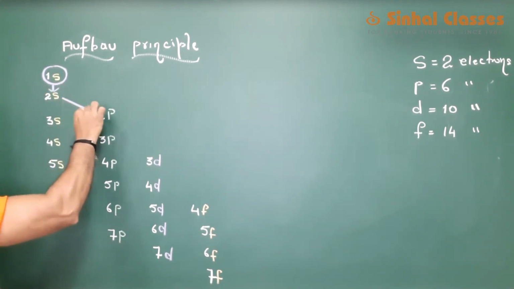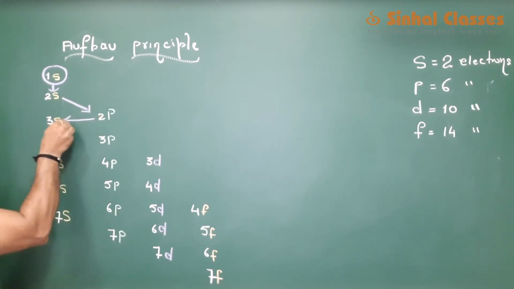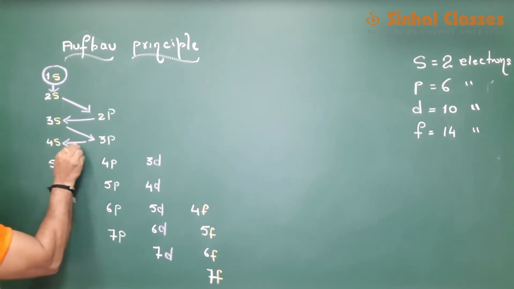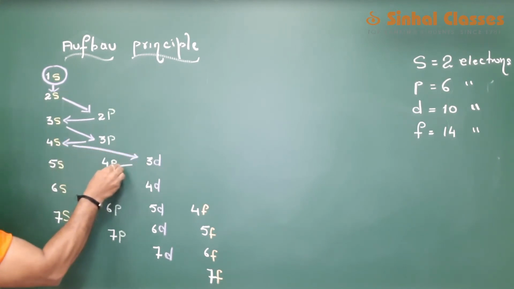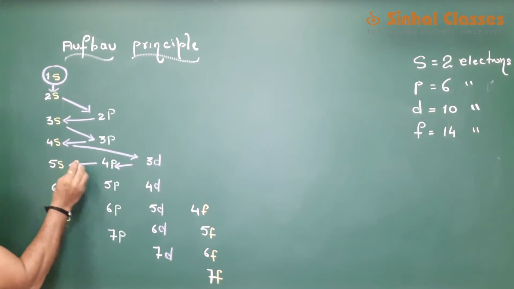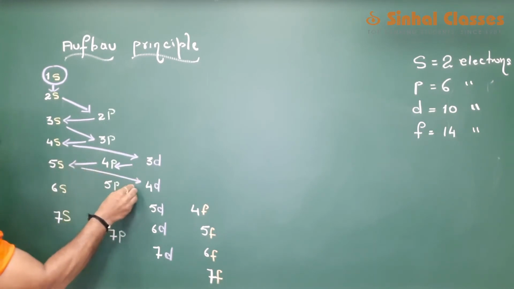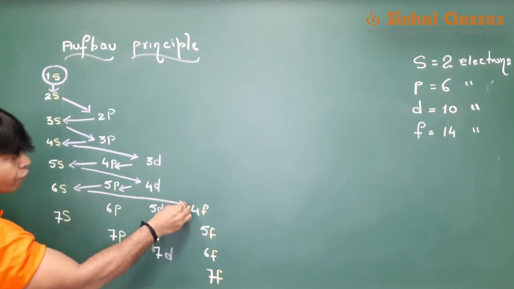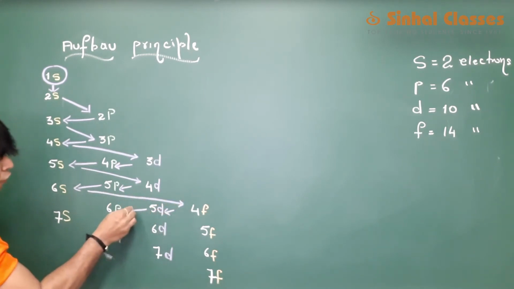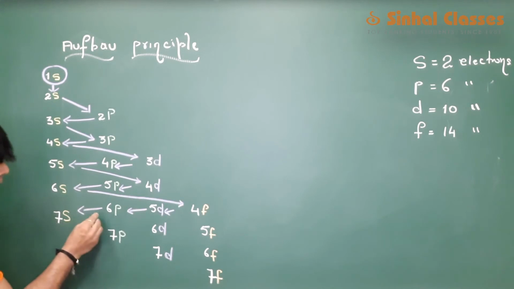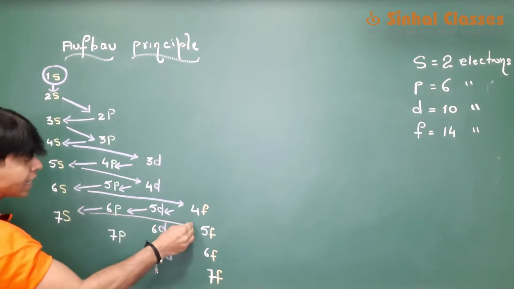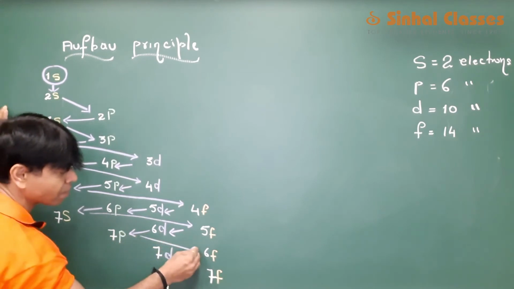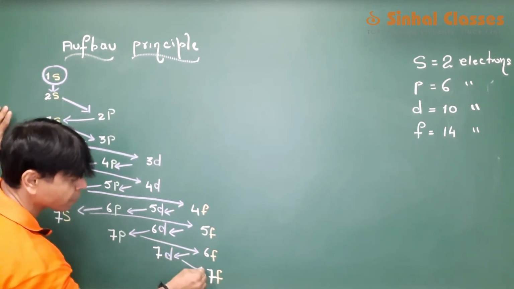go on following the arrow. Go on following this arrow. This is called energy level. Go on following the arrow and you will be able to write the electronic configuration of any given element, and you can predict the position of that element in the periodic table.